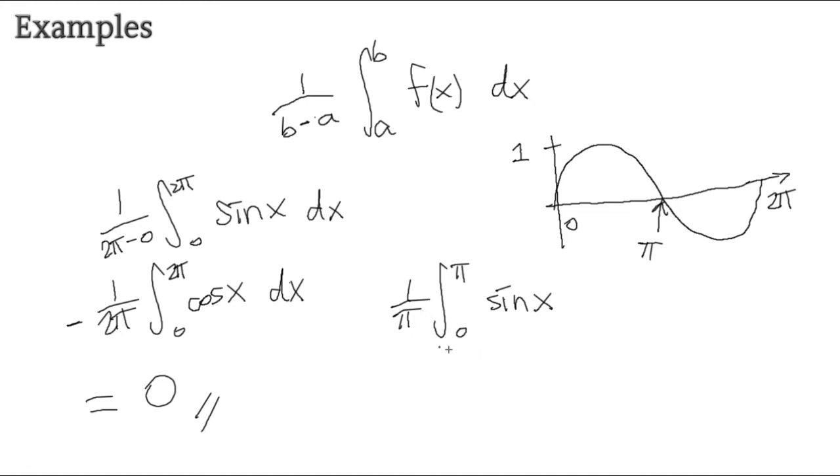So let's try that. Integrating sine gives us minus cos, between pi and 0, times 1 on pi. From that we have cos pi is minus 1, cos 0 is 1.